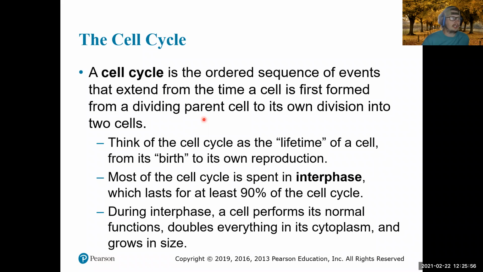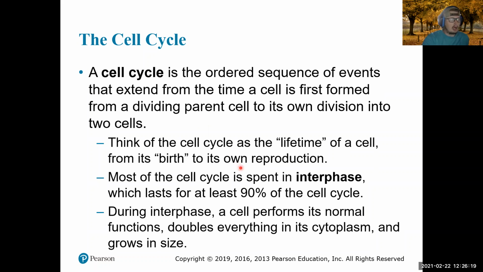The cell cycle is basically this series of events that occur once a cell is formed, from the time of birth to the time it divides and creates its own daughter cells. So the cell cycle is basically this lifetime sequence.